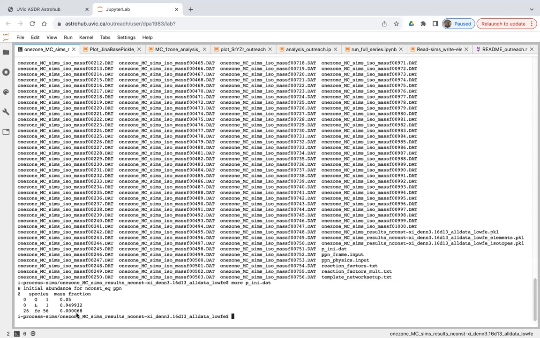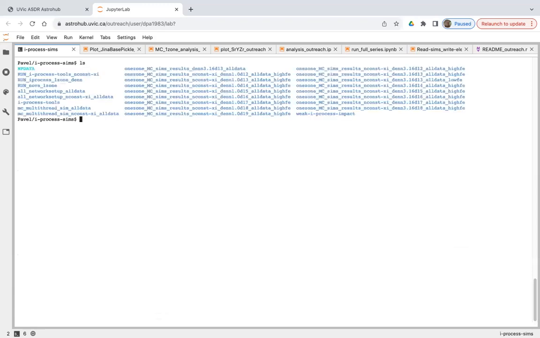Iron 56 has very low abundance, therefore the suffix in the name of the file, low Fe, low iron, because here I used iron abundance appropriate for the low metallicity of CEMP-i stars, okay? So now I'm going to use, as I said, results from this directory.